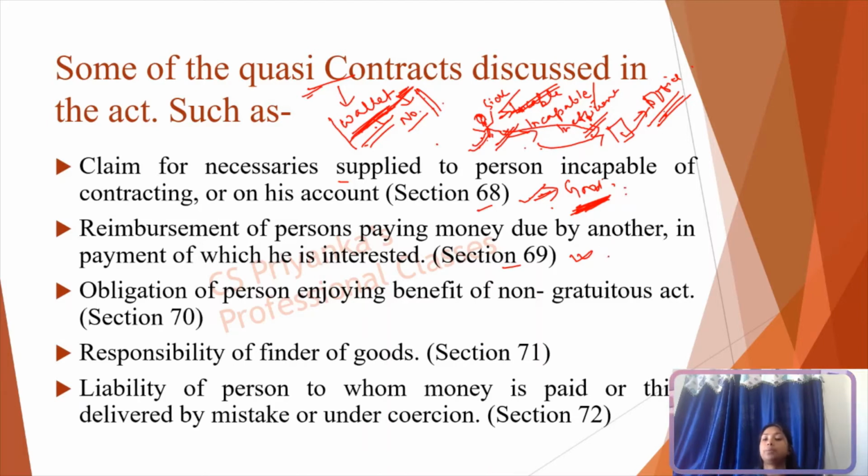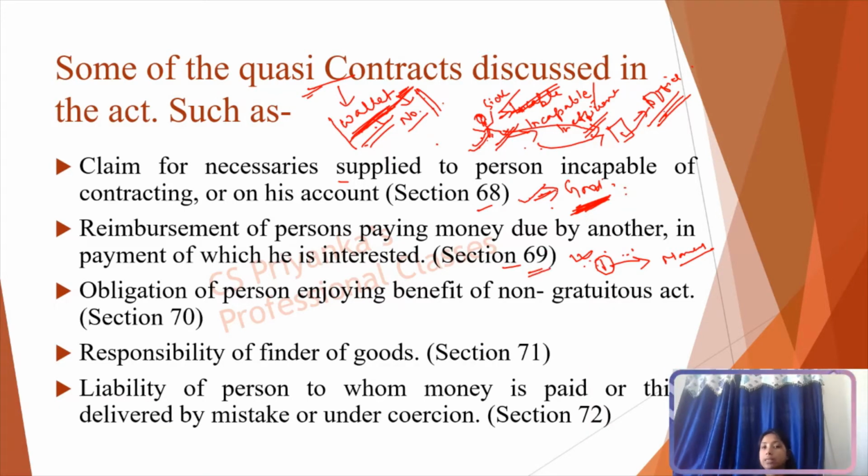For example, the person is supposed to receive some reimbursement, but for some reason he cannot come, maybe he is sick, so he authorizes someone. You are the person who takes the reimbursement money from the office on his behalf. Whenever you take the payment on behalf of the actual person and give it to him only, this situation comes under section 69.